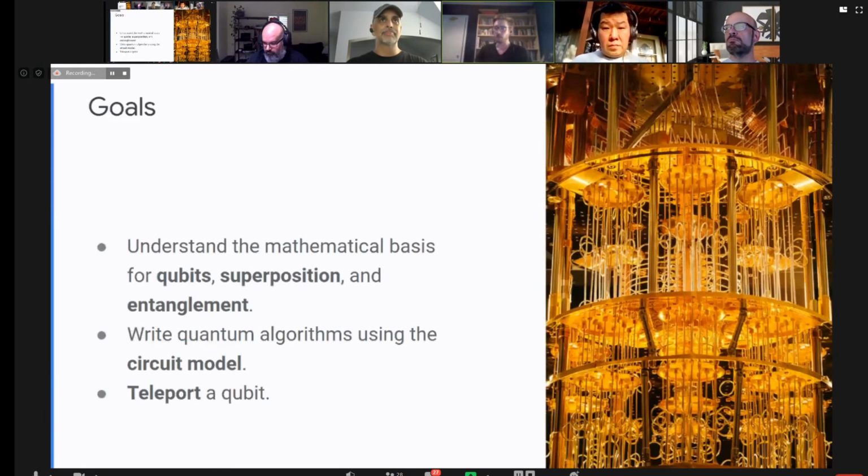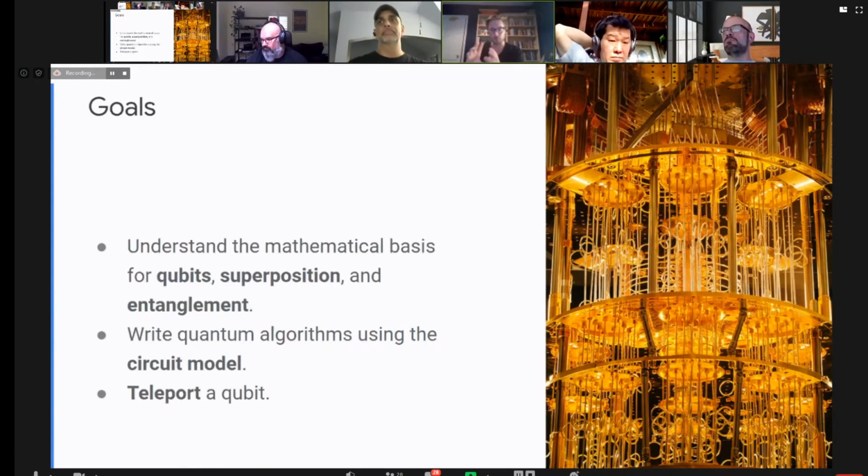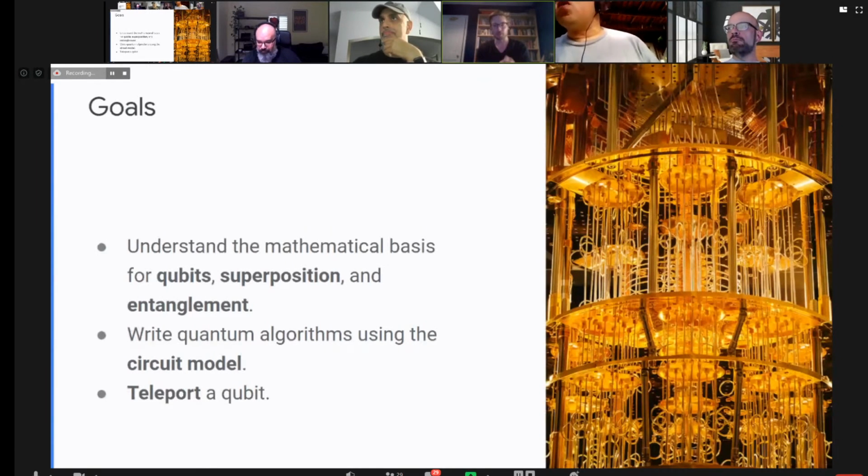Okay, so like I intimated, we want to understand what quantum computing is without recourse to too many analogies or metaphors or pictures. In order to do that, we'll talk about quantum computing through the lens of mathematics.